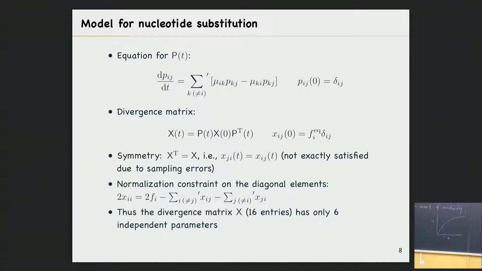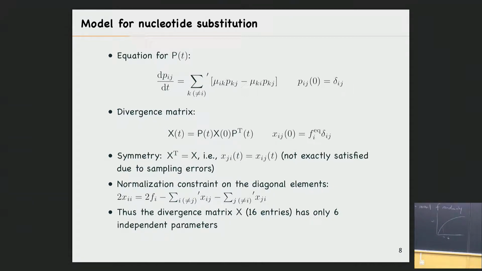Now, in the case of the divergence matrix, there is a symmetry. In principle, in an infinite population, you would have a symmetry of the divergence matrix. This is not always true because of inevitable sampling errors, but let's assume it's a small error. Then you have normalization constraints on the diagonal elements, which is trivial.